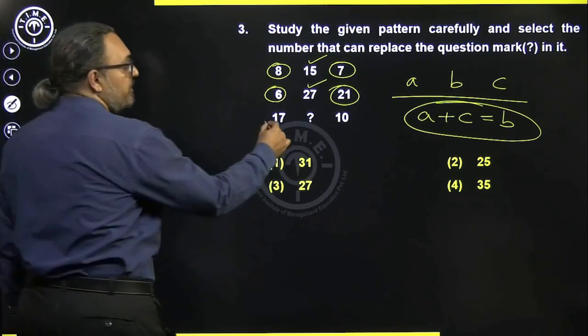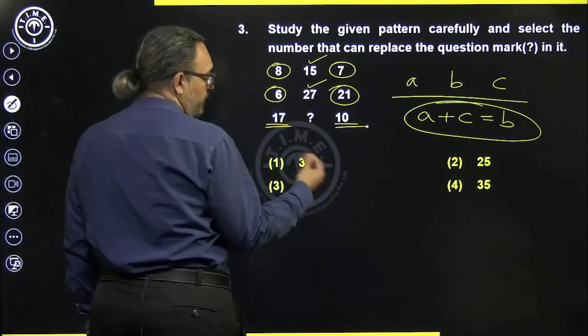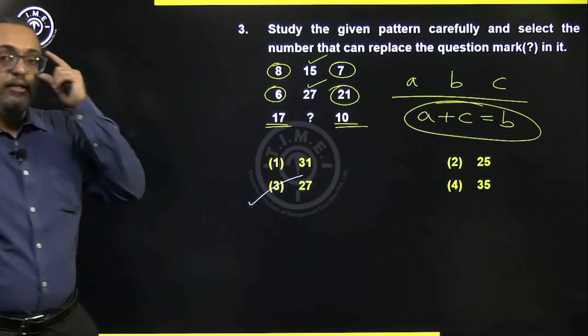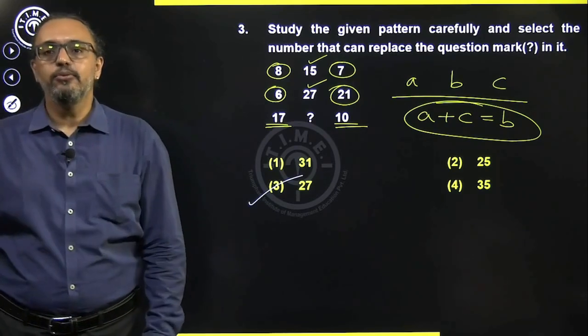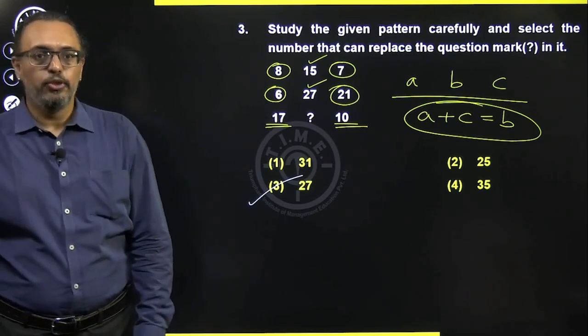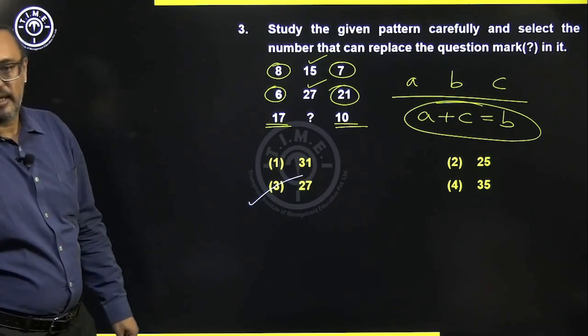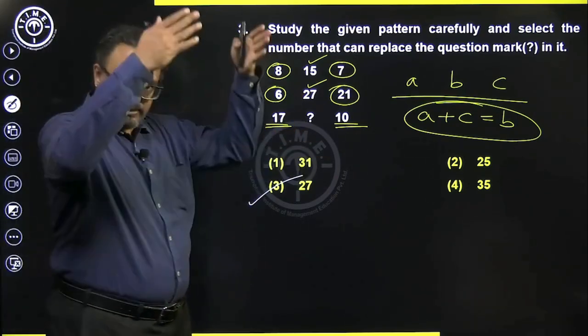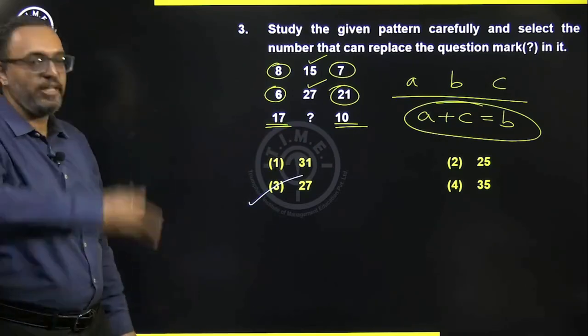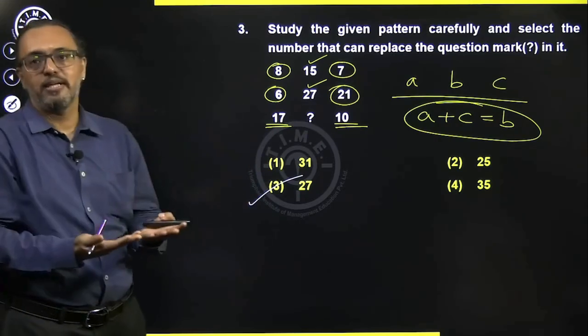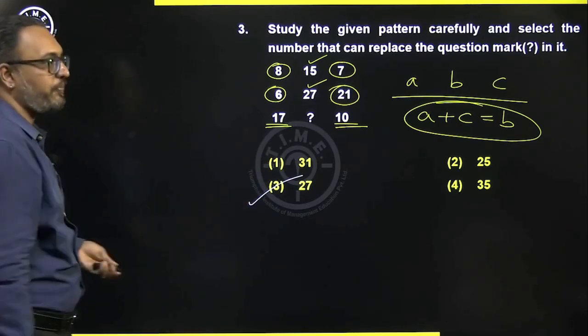So in the same way, 17 and 10 you add gives you 27 and that is available to us in third option. So find an easier way to get an answer out of it. You don't have to do like this only. Understanding the point? The question mark need not always show you that it has to be done vertically. It can be done horizontally also. It depends on how the numbers are given. Okay.